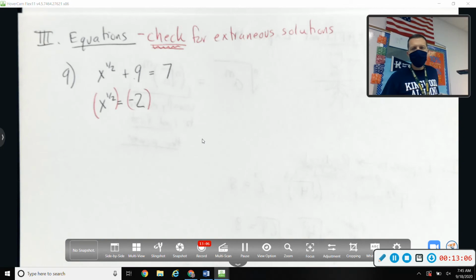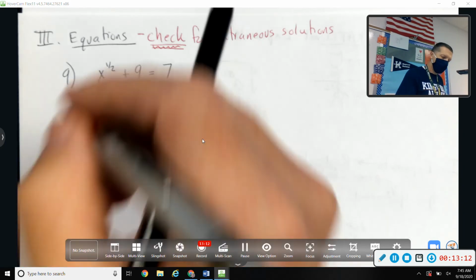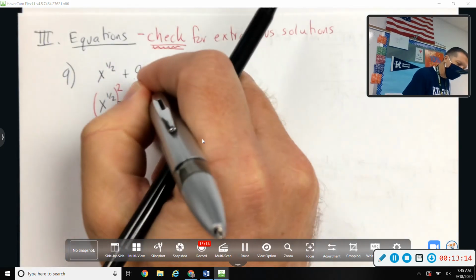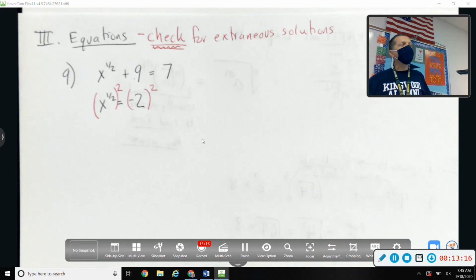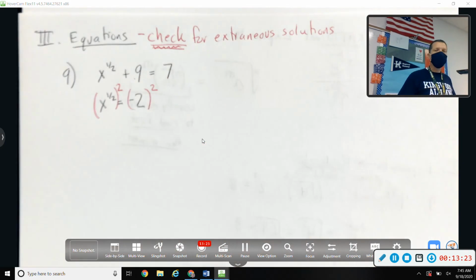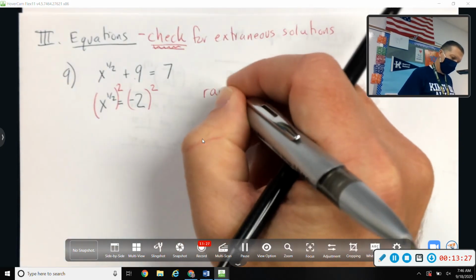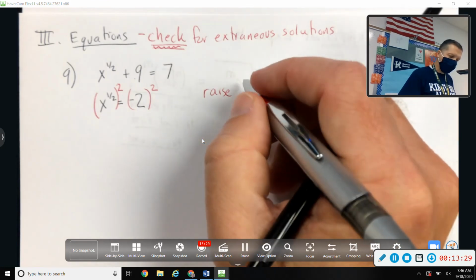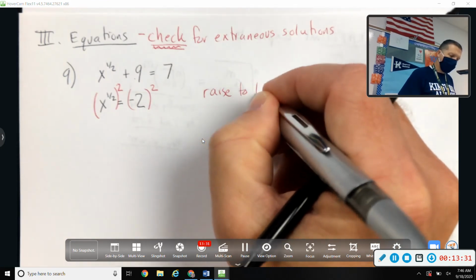So how do you do a power to a power? When you have a power to a power, you multiply. So we're going to raise it to the reciprocal to get it back to just x, because power to a power, you multiply. A little alliteration there. Raise to the reciprocal.